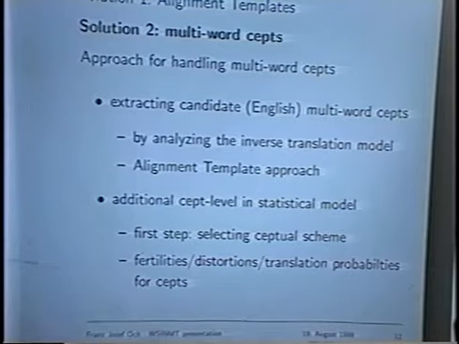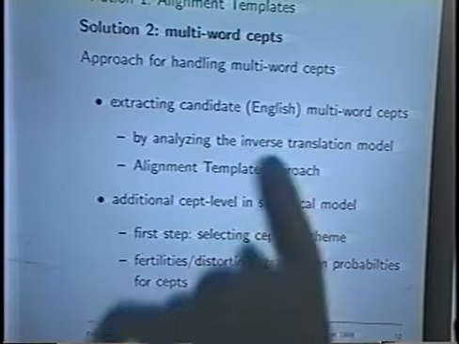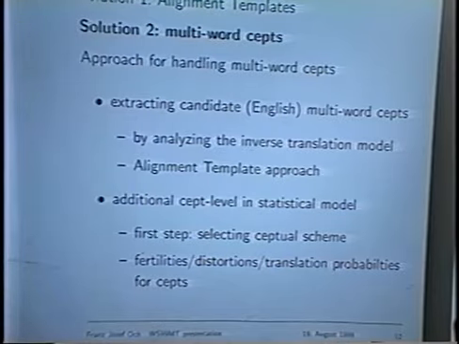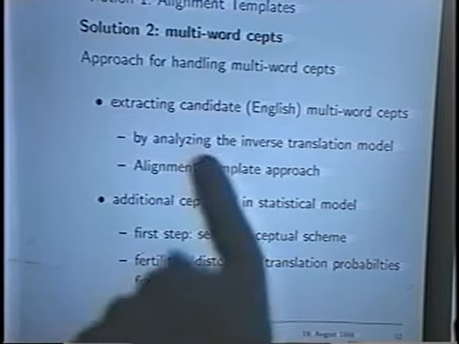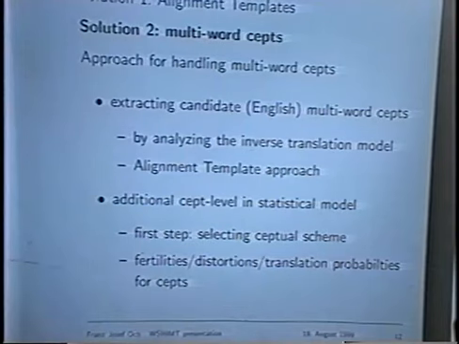So if one translates from English to German as an alignment model, then it's possible to represent that a number of English words is aligned to one German word. And by analyzing this inverse translation model, I think it's possible to generate such candidate English multi-word septs.